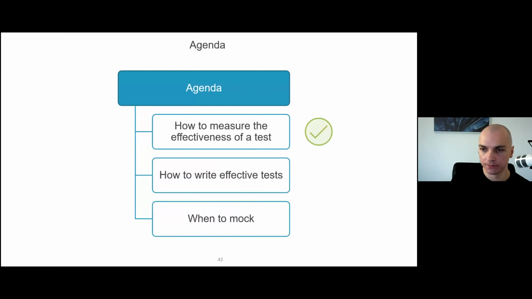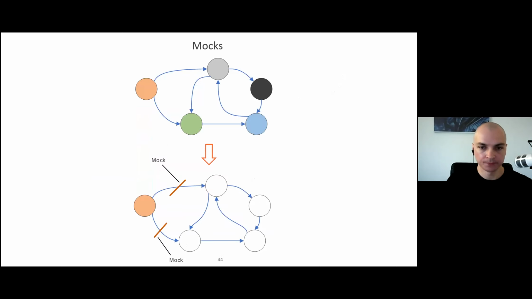So we discussed how to measure the effectiveness of a test. Then we discussed how to apply that knowledge in practice. And let's discuss the mocking topic, the topic of mocks. So mocks are constructs that help you to test your system under test.